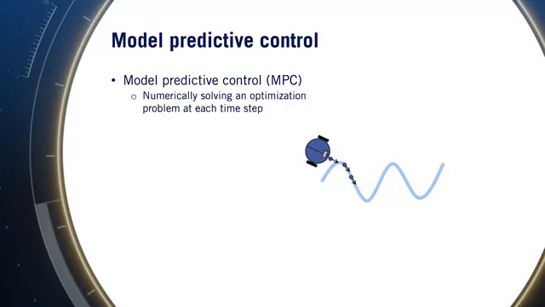MPC refers to the control design approach that numerically solves an optimization problem at each time step. Because solving an optimization problem at each time step can take time, MPC was originally applied to slow processes such as industrial chemical processing. However, the ever-improving performance of today's computing hardware has made MPC a viable approach even on embedded hardware.